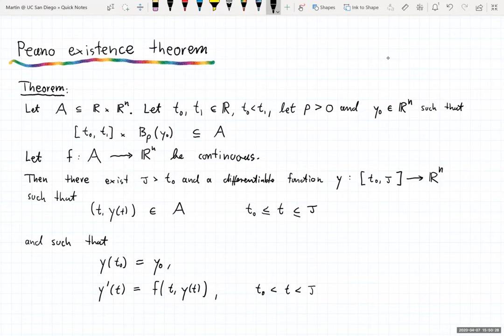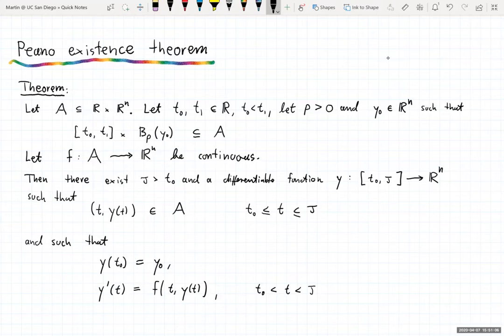Y of t naught is equal to y naught and y prime of t is equal to f of t and y of t for all times between t naught and tau. And it guarantees that for all times t, the tuple t and y of t is in the set A, which is the set where the function f is defined.